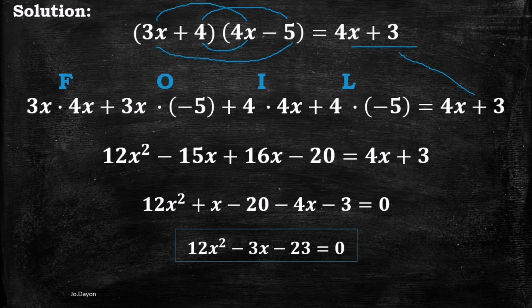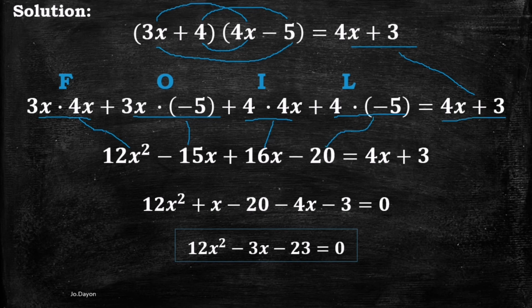So now we are going to multiply 3x times 4x, and of course the answer for that is 12x squared. Then 3x times negative 5, the answer is negative 15x. 4 times 4x, the answer is 16x. And 4 times negative 5, the answer is negative 20.